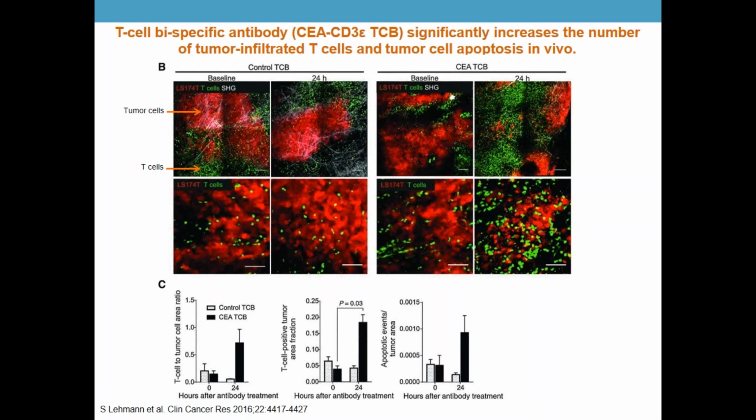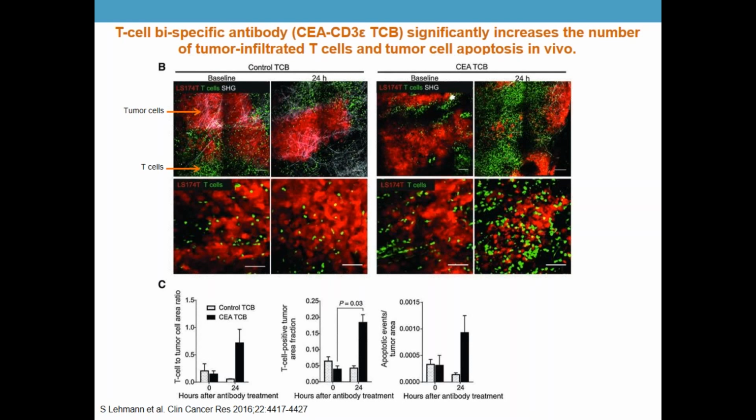So when we go down further in the slide and you look at this little left graph, what we're looking at is the ratio, at the extreme left, of T cells to tumor cells. When you start out at baseline, you see that both in the control and the baseline for the immunotherapeutic, there's really no difference in this ratio.